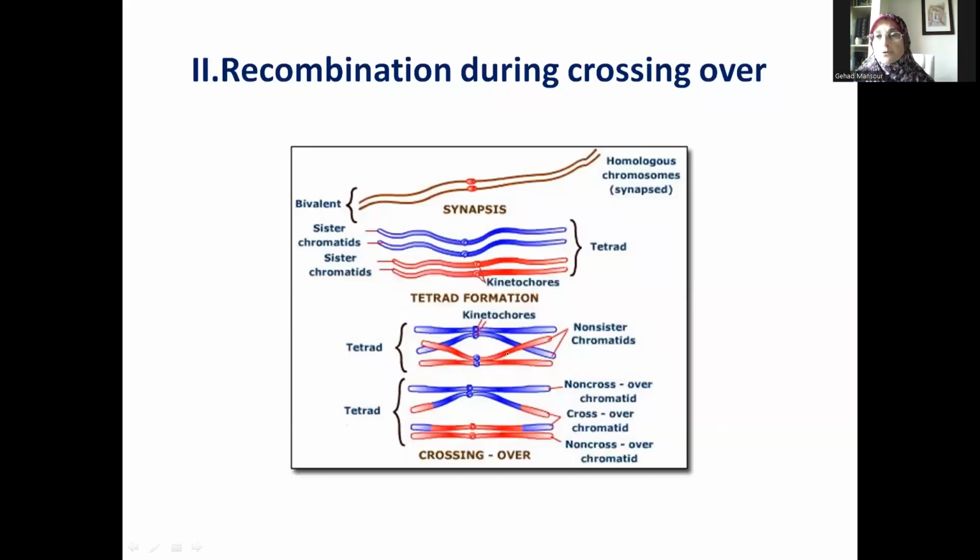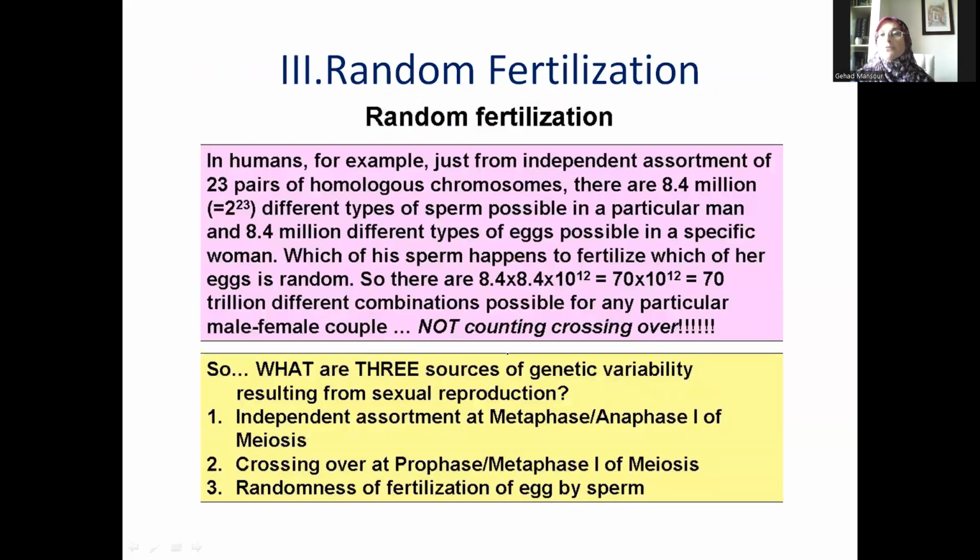Of course, the second important cause of diversity is recombination that occurs during crossing over, and the third one is random fertilization. What do we mean by random fertilization? When we have in our somatic cells, not in our reproductive cells, 23 pairs of chromosomes, this means that we have 23 homologous pairs, because the total number of chromosomes is 46.